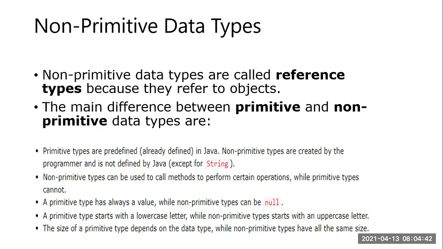Next, a primitive type starts with a lowercase letter, while a non-primitive type starts with an uppercase letter. Next, the size of a primitive type depends on the data type.